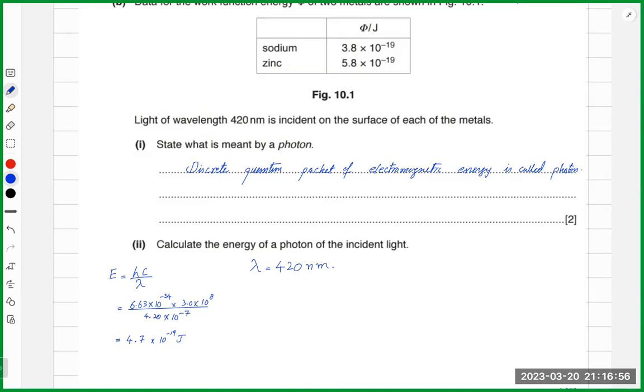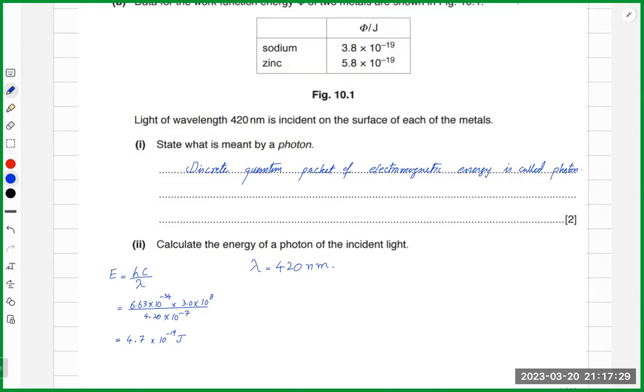It is because the energy we have calculated can easily dissipate electrons. Oh, so you think that 4.7 is more than 5.8? Sorry. Zinc requires a minimum of 5.8. Let's ignore 10 to the power minus 19 because it is same for everything. So zinc requires an energy of 5.8.